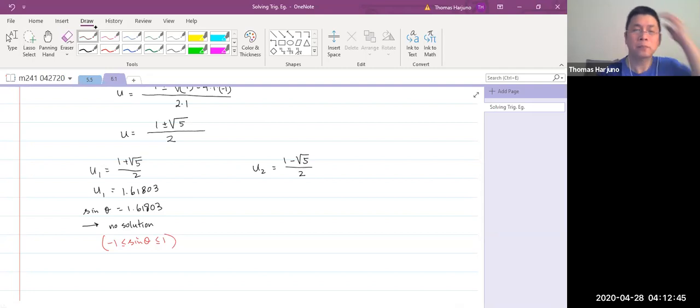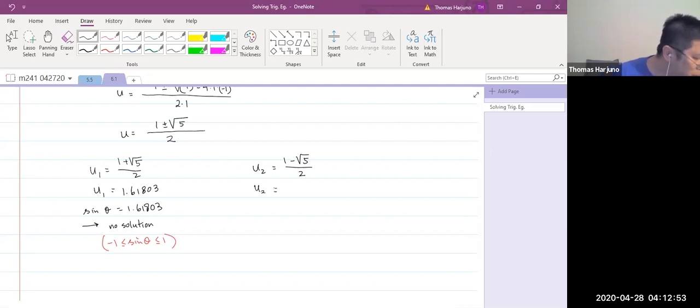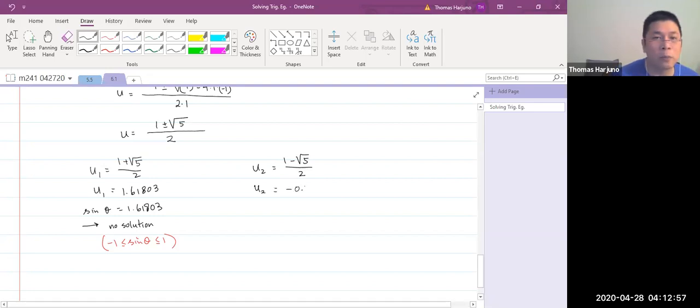Okay. On the second branch, let's see. (1 minus square root of 5) divided by 2. I get negative 0.618. That's what our sine theta will be.